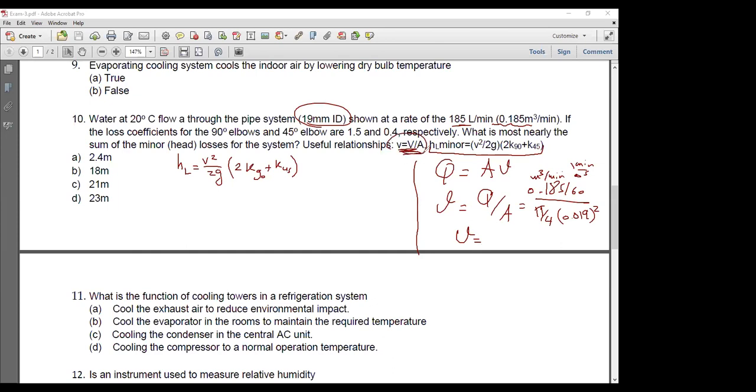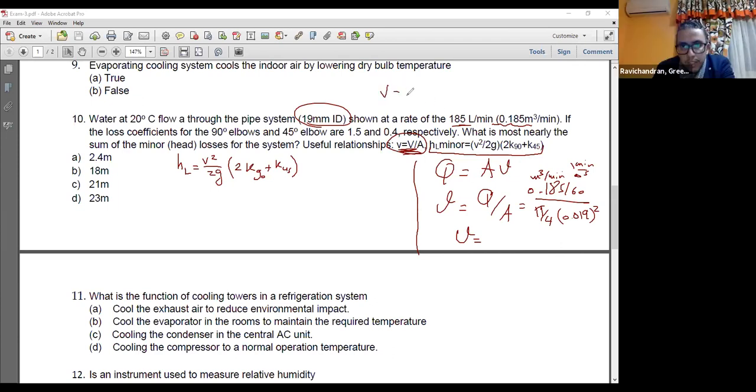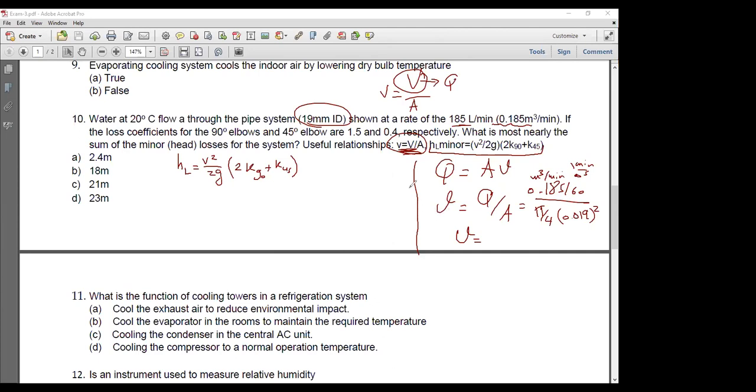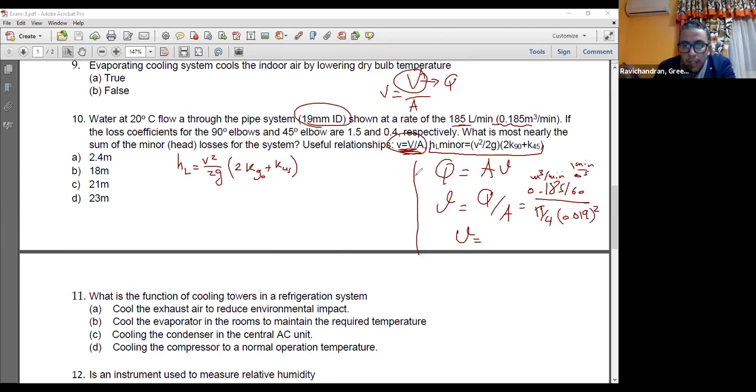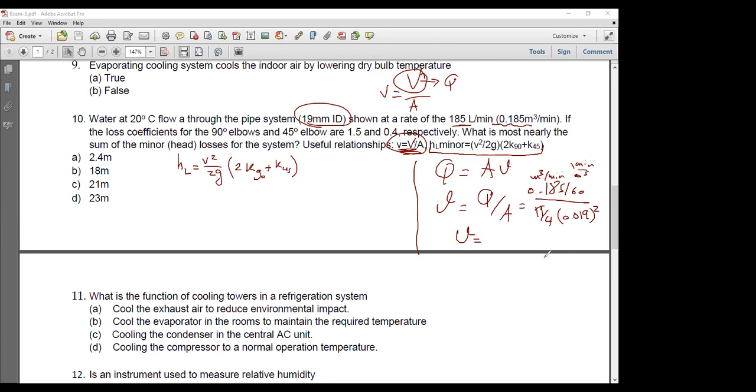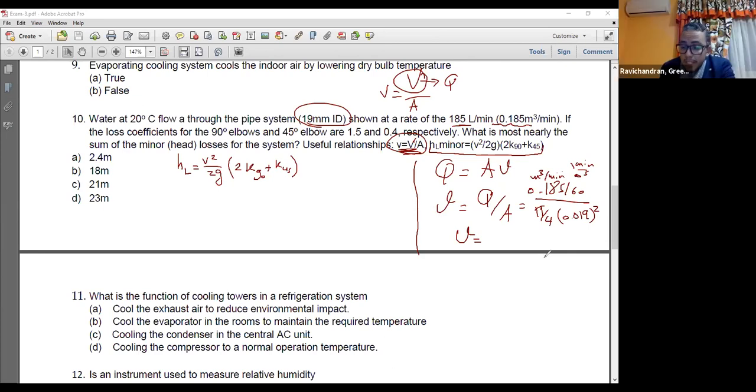Yes, this one is equivalent to this one: V equals V over A. Here V refers to Q. So we need to remember the equations. If you change the symbol like this, I know this V refers to Q. I know this equation. You understand me? Because he used other symbols, but you know the idea. This V is velocity, this V is Q, and so on. But this is as given in the exam.